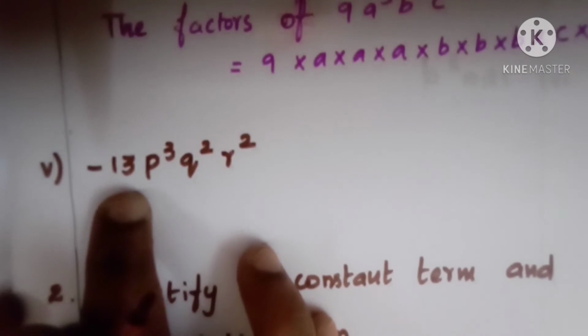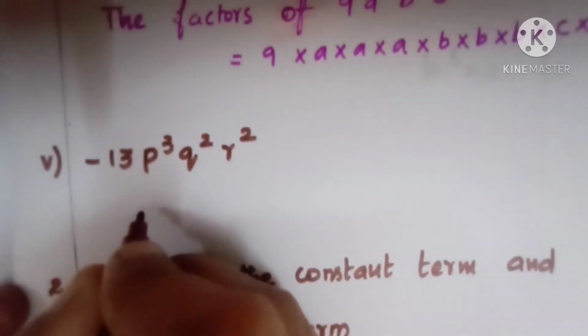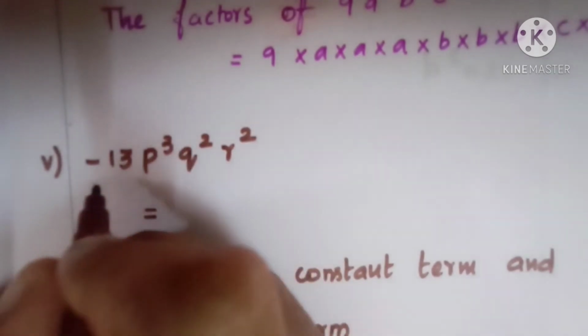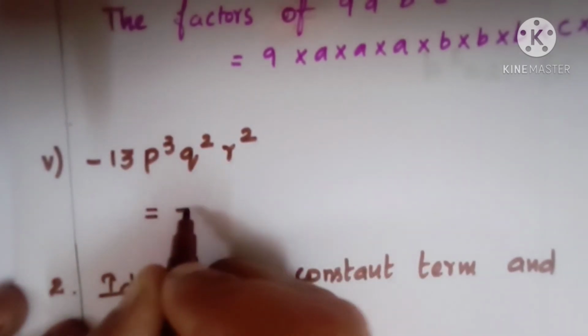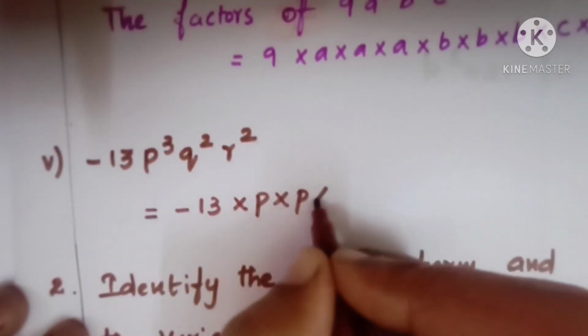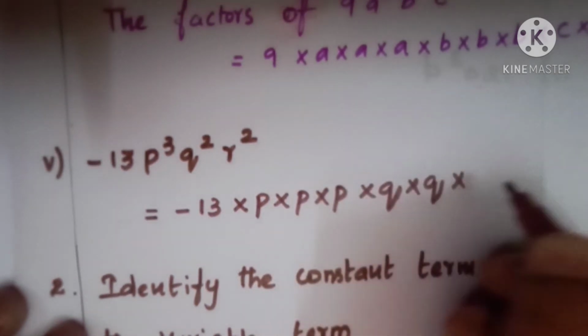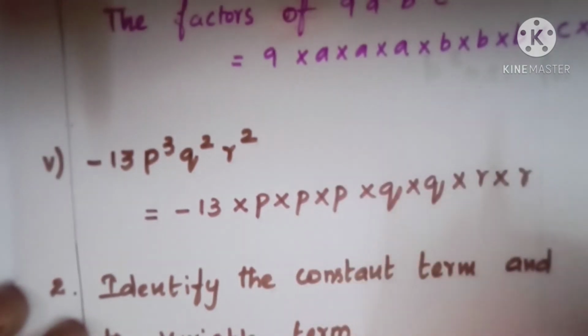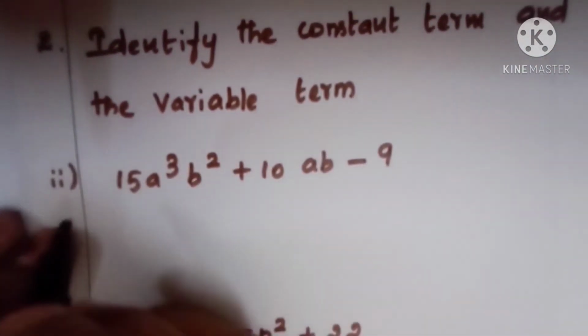Next sum: minus 13p cube q square r square. The factors of minus 13p cube q square r square is equal to minus 13 into p into p into p into q into q into r into r.